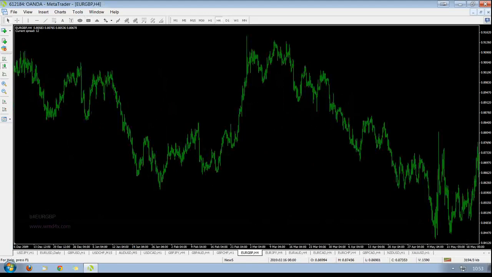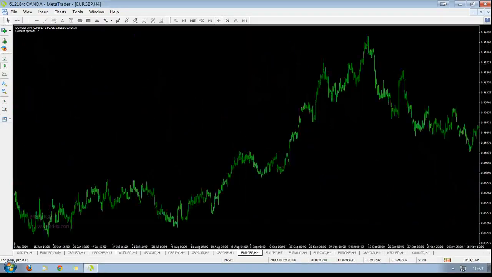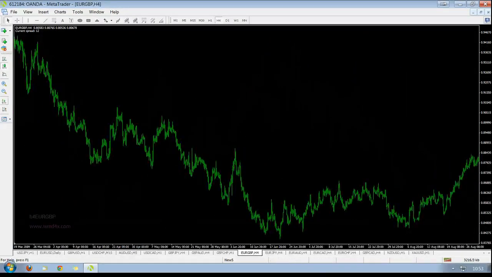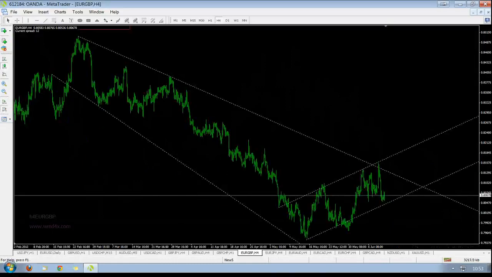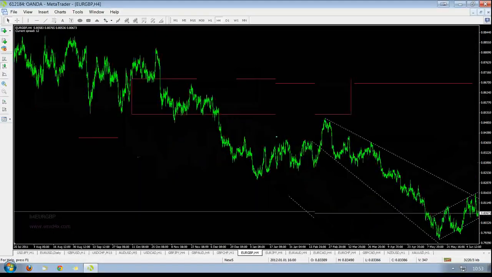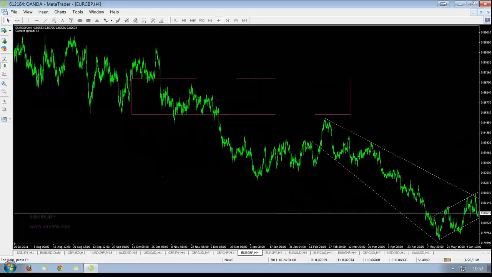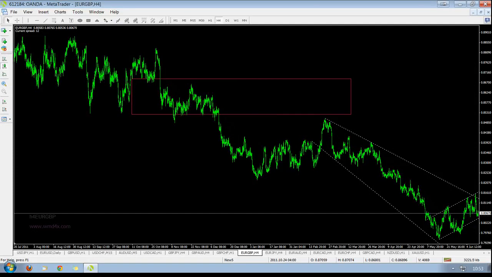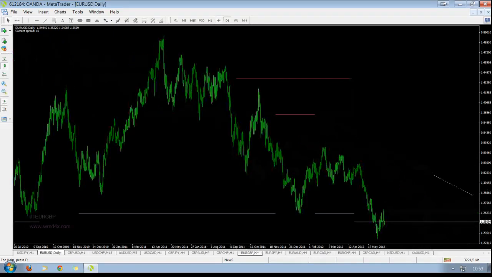Here we go, right? So on the Euro GBP, it's a structure that I would identify on a 4-hour time frame, and on the Euro USD, I'm looking at it on a daily time frame. That's why I'm kind of saying it's scary.